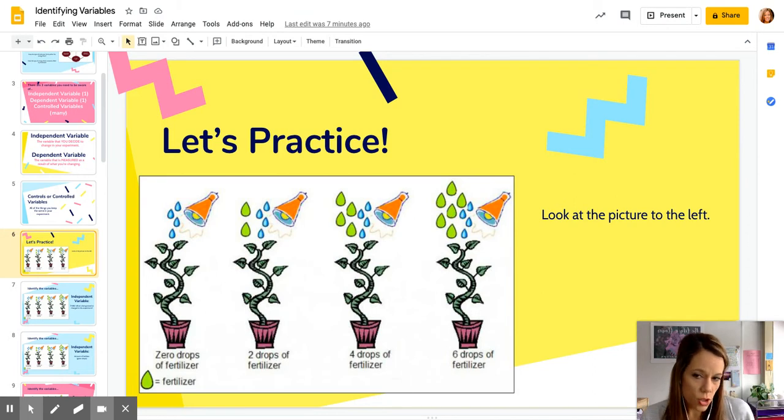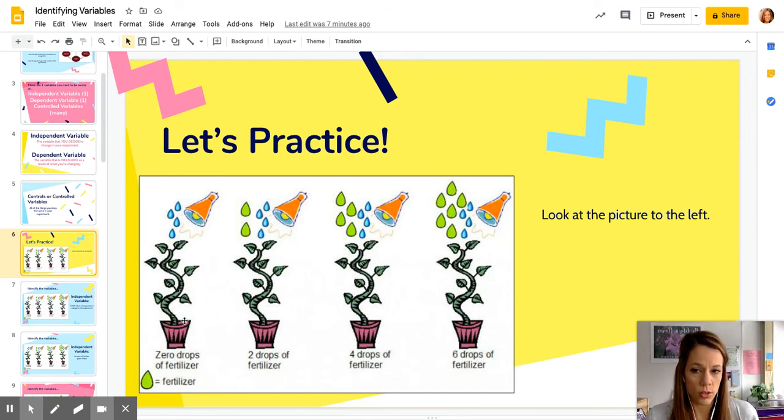One thing that you should notice here is this one doesn't have any green drops. This one has 2 green drops. This one has 4. And this one has 1, 2, 3, 4, 5, 6. Oh, it says it right there. Smart. And what those little drops represent is fertilizer.